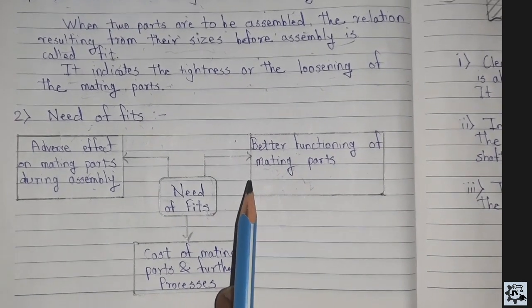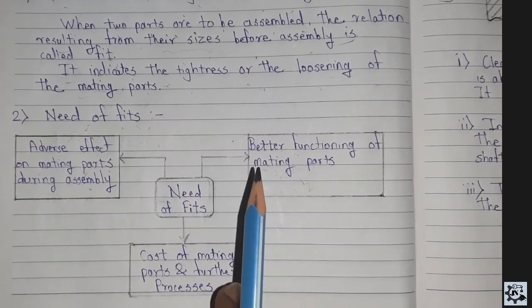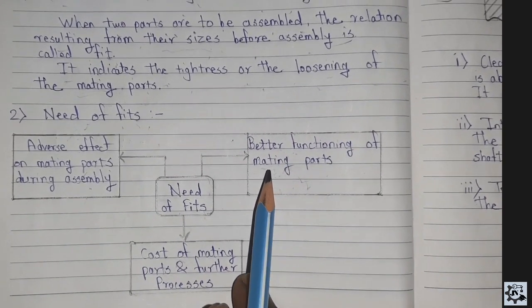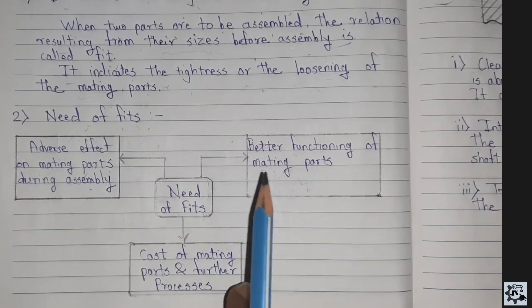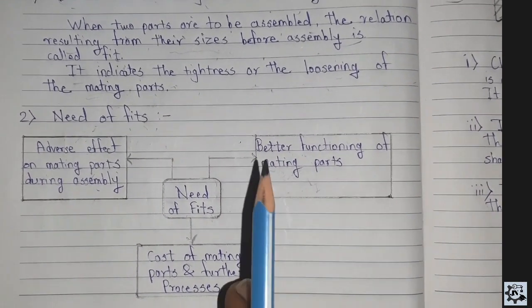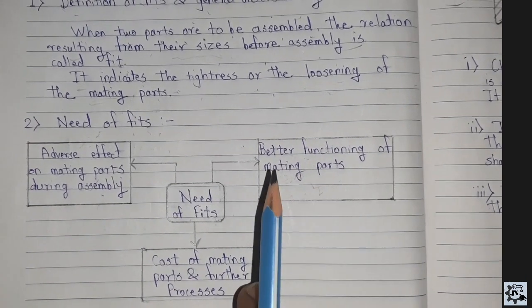On the other hand, there are high chances of wear out issues in the mating parts if they are assembled too loose. So for preventing such issues, we need to first apply the fits relationship before assembly of the mating parts.